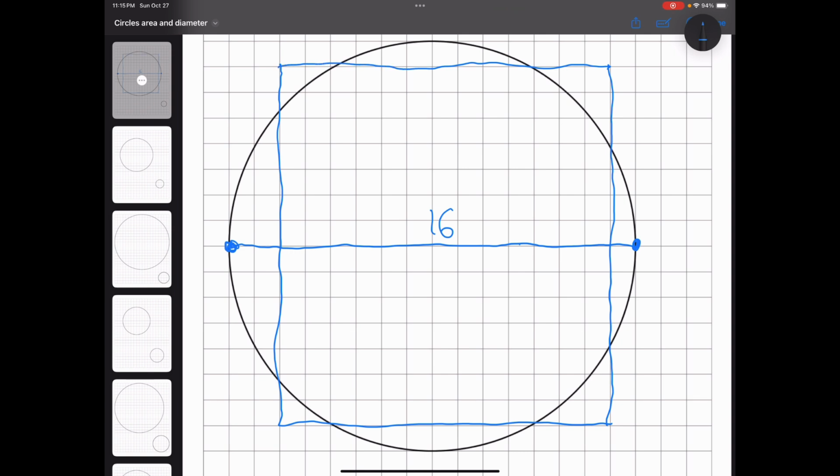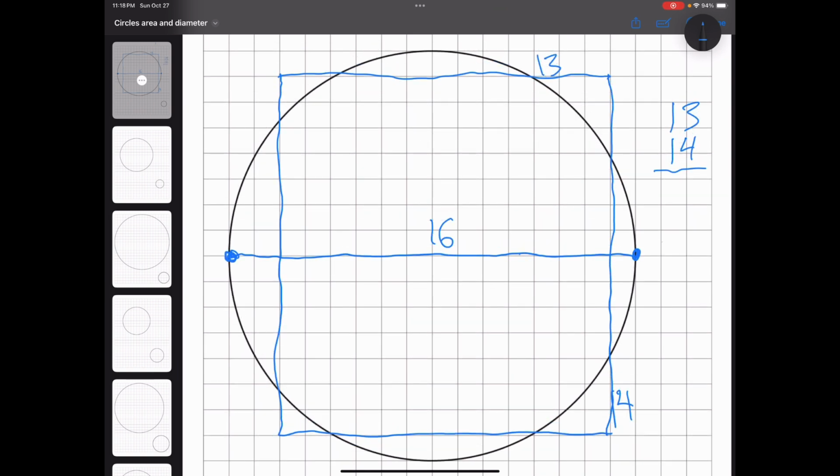But you might say this rectangle is 1, 2, 3, 4, 5, 6, 7, 8, 9, 10, 11, 12, 13. So 13 across, and then 1, 2, 3, 4, 5, 6, 7, 8, 9, 10, 11, 12, 13, 14. Okay, so 14, and 13 times 14 is the estimated area.